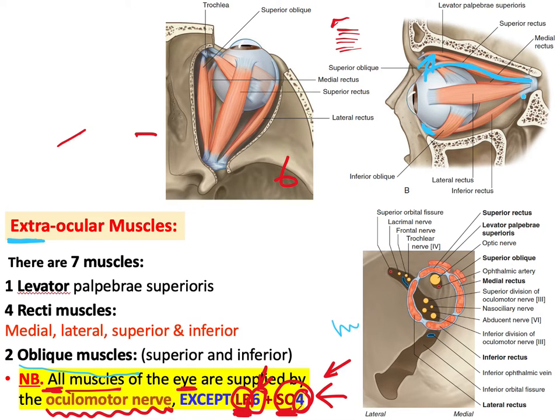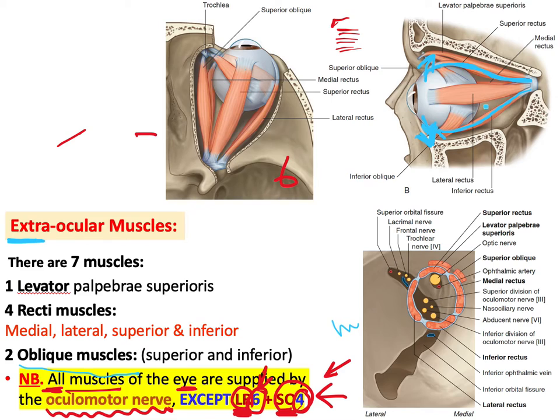And it also adducts the eyeball. Now the inferior rectus, once contracted, you imagine it pulls the eyeball down, it depresses the eyeball, moves it down, and also medially, adducted, right?